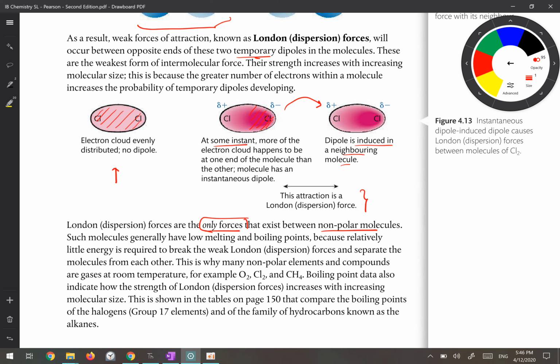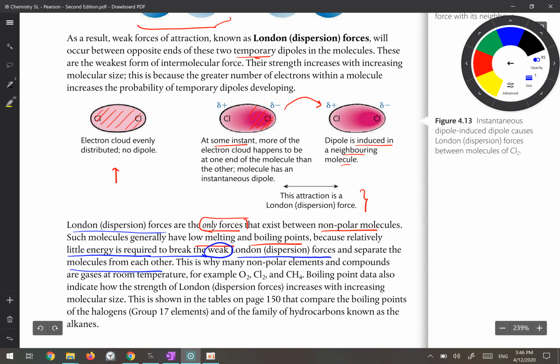But non-polar molecules have low melting points and low boiling points. What does it show you? It means you can easily separate the molecules from each other. It means the forces between non-polar molecules, in other words the London dispersion forces, are very weak, so you need a small amount of energy to separate them. That's why I say little energy is required to break the weak London dispersion forces and separate the molecules from each other.